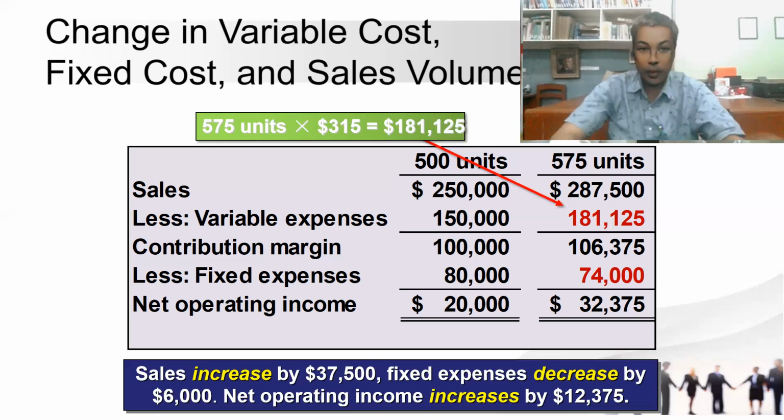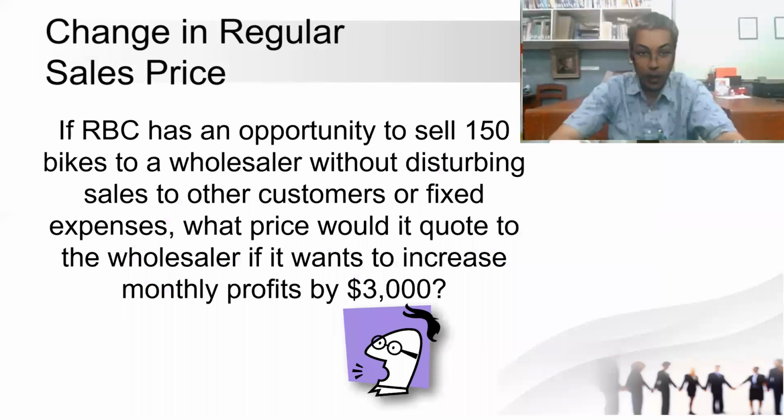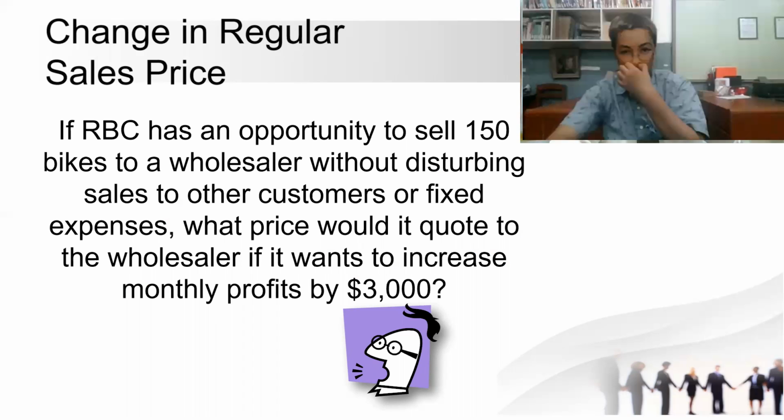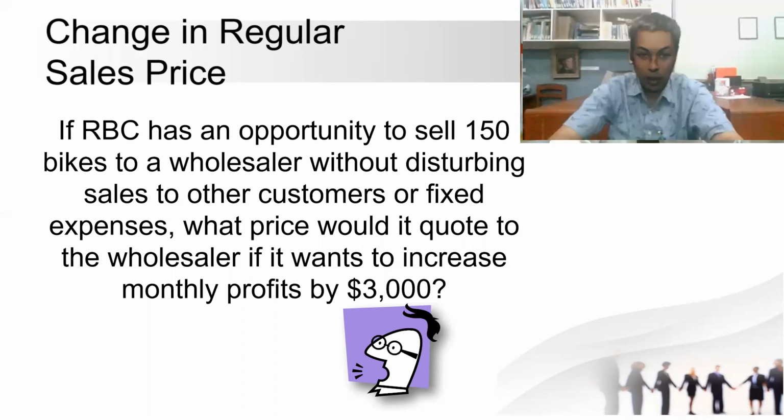What about change in regular sales price? If the company has an opportunity to sell 150 bikes to a wholesaler without disturbing sales to other customers or fixed expenses, what price would it quote to the wholesaler if it wants to increase monthly profits by $3,000 without disturbing sales to other customers?